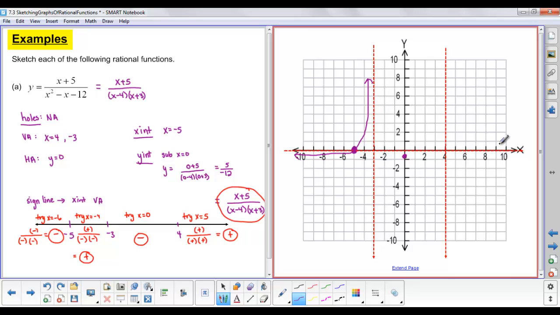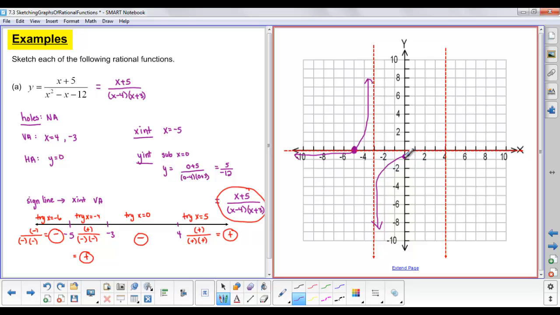Wonderful. Okay, now in between -3 and 4, which happen to be the vertical asymptotes on our graph here, everything between -3 and 4 must be below the x-axis. So the one thing that we do know is the y-intercept right here. So from this point towards this vertical asymptote of -3, I want to come close and approach it.